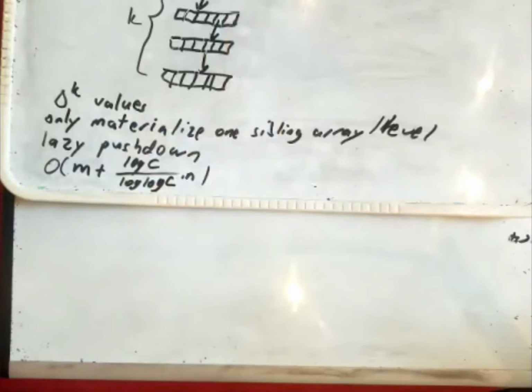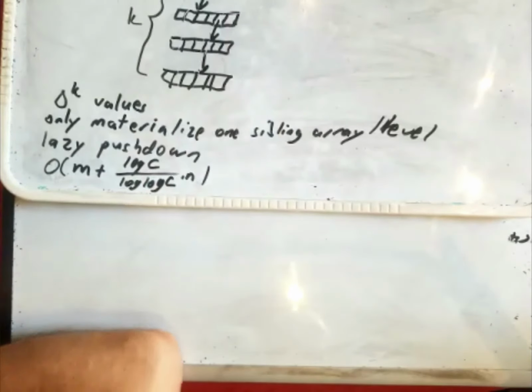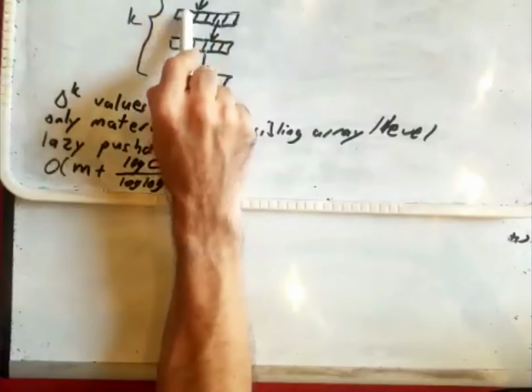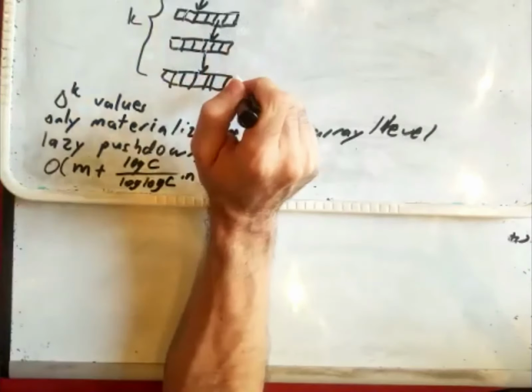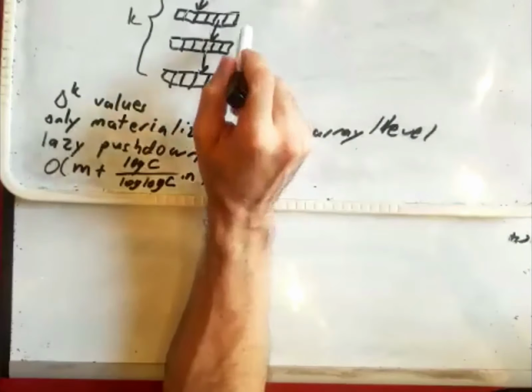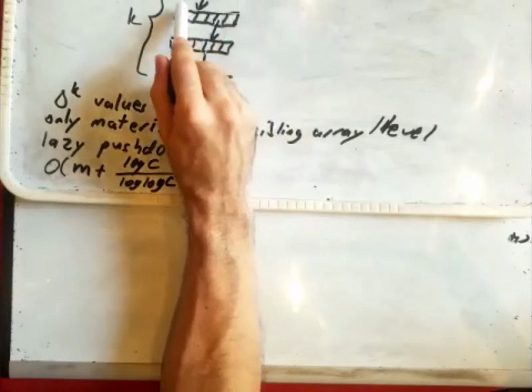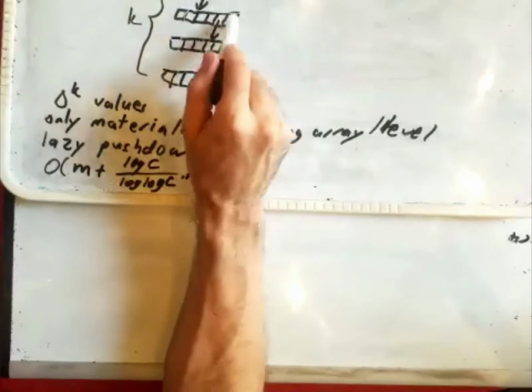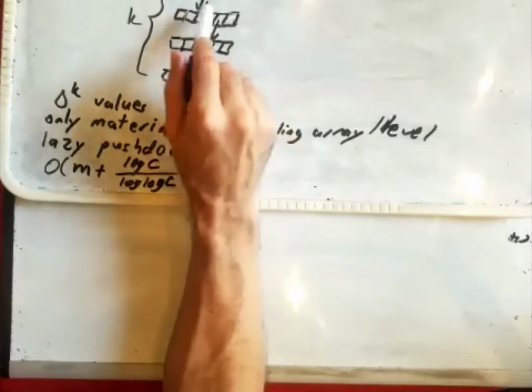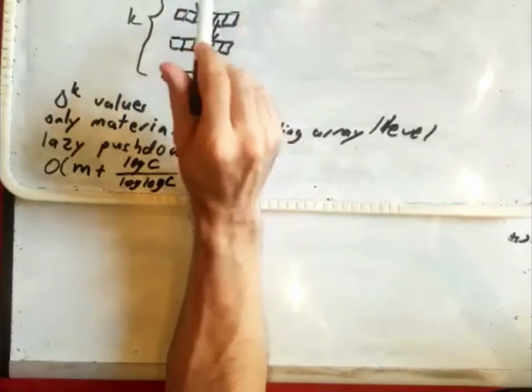But what is this problem of tracking and finding the smallest non-empty bucket in an array of entries? Well, that's a min finding problem, right? Each of these entries is associated with some number, and we want to find the smallest number that has a non-empty bucket.